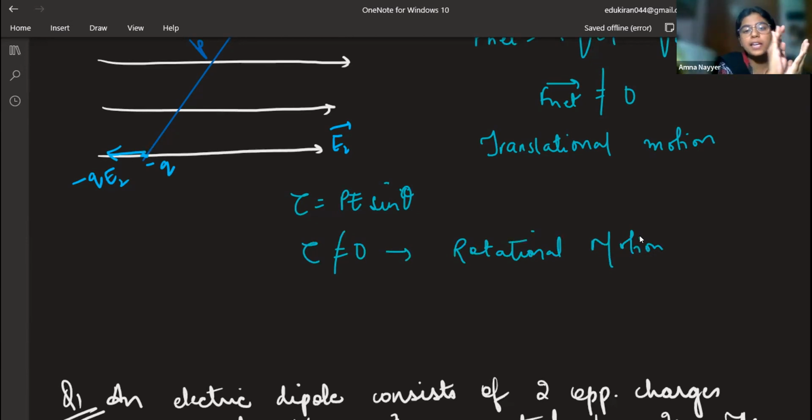So what is the final motion? What will you conclude about the dipole's motion, right? If someone asks you, what is the motion, this is what you have studied regarding translational and rotational equilibrium. What is the motion?